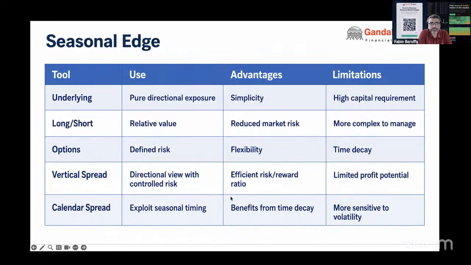One of the things could be buying the underlying. That has really directional exposure. So if it goes up and you are long, then you gain money. Otherwise, you lose. It's very simple, but it requires higher capital, as was also commented before. You can even identify long and short, and then you can play relative value, maybe between two stocks.